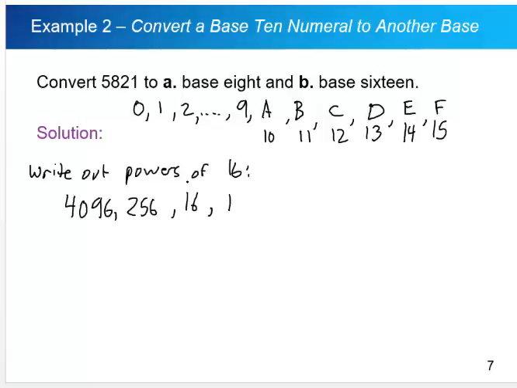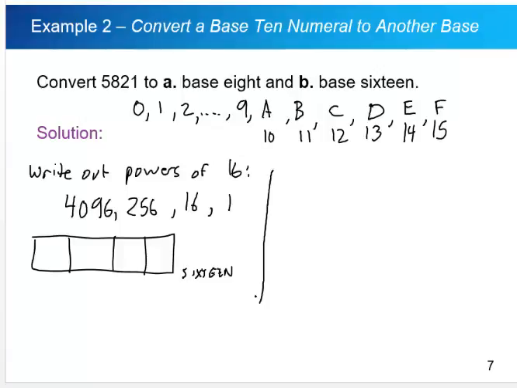Anything higher than that will be higher than 5,821, so we don't do that. Okay, so now we're going to start dividing. I know I'm going to need 4 places for our final answer.